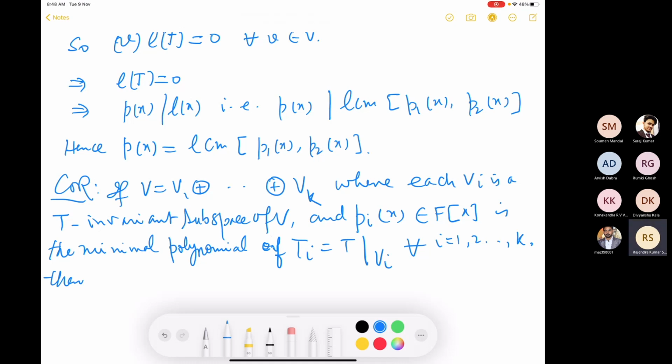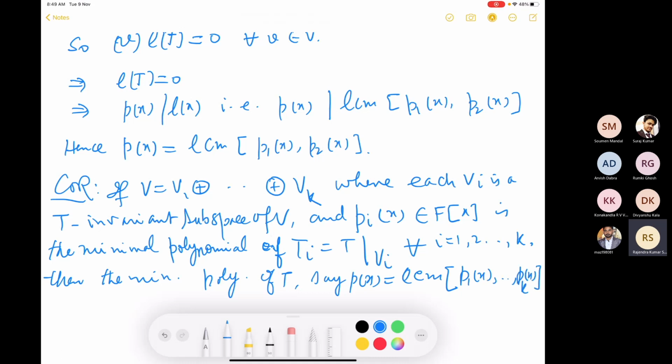The minimal polynomial of T, say P(x), is the LCM of P1, P2, up to Pk(x). So this you can prove. You can just extend this.